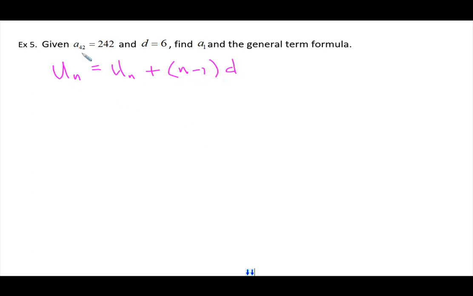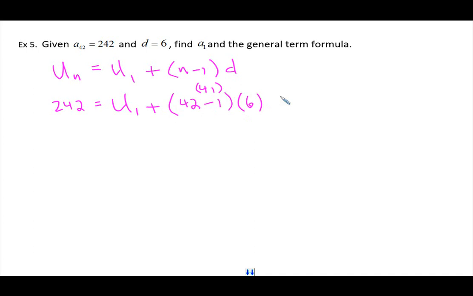So we know the 42nd term is 242. The first term, sorry, this should be the first term right here. The first term, right, we don't know, we're trying to find that. Plus n, which we know is 42 minus 1 times d, and they give us d is 6. Right, so this is going to be 41 here times 6.